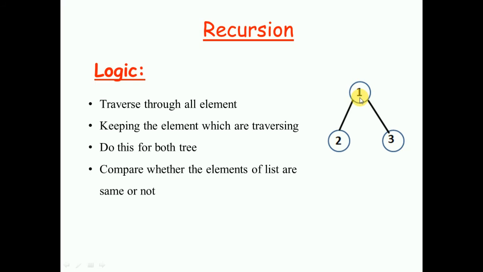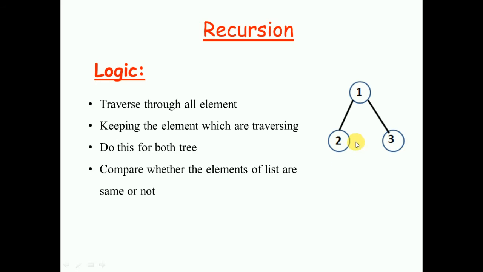Like, if I'm at this node and the value is 1, so I'll store 1 in the list, then I'll go to this node and find the value is 2, then I'll store 2 in the list, and then I'll go to this node, I'll find 3, so my list now contains 1 2 3. That's it.